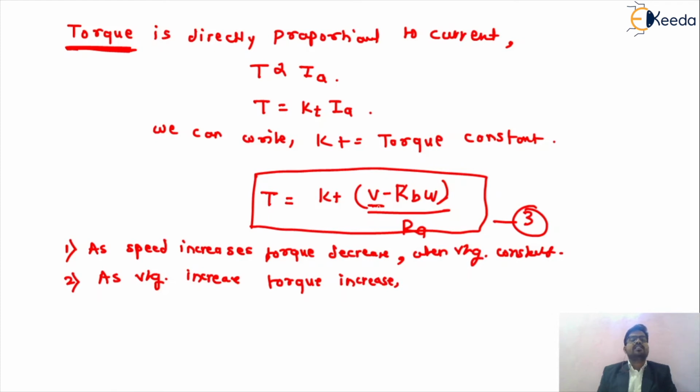If we increase the value of the voltage, obviously the torque will increase. So by changing the voltage, we can control the torque-speed characteristics of the BLDC motor, at a constant speed. These are the two very important conclusions that we get from the torque-speed characteristics of the BLDC motor.